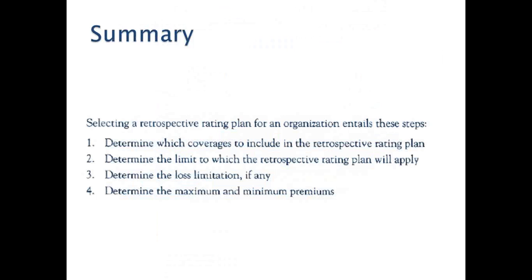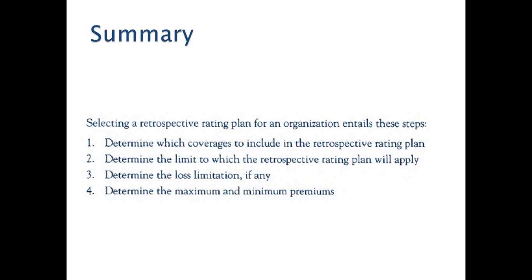And then lastly, here are the key things, the steps of selecting a plan. First, determine which coverages to include in the retrospective rating plan. Again, when we talk about coverages, what workers' comp, what type of program. Determine the limit to which the retrospective rating plan will apply. Determine the loss limitations, and then finally determine the maximum and minimum premiums, which are really the key component.